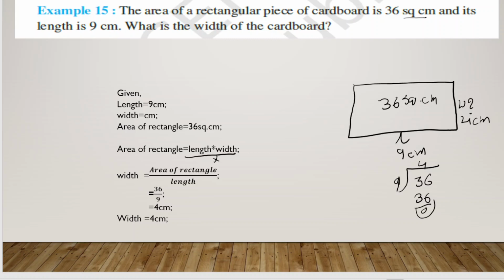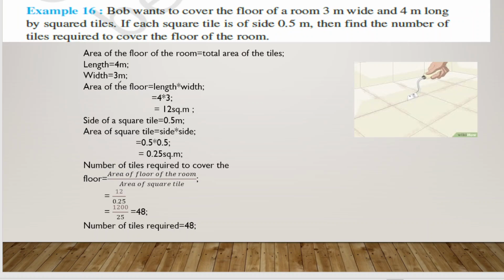And coming to the next one, Bob wants to cover the floor of a room 3 meters wide and 4 meters long. Suppose here this is, assume this as a room. This is the floor of a room and we need to cover this room with tiles.